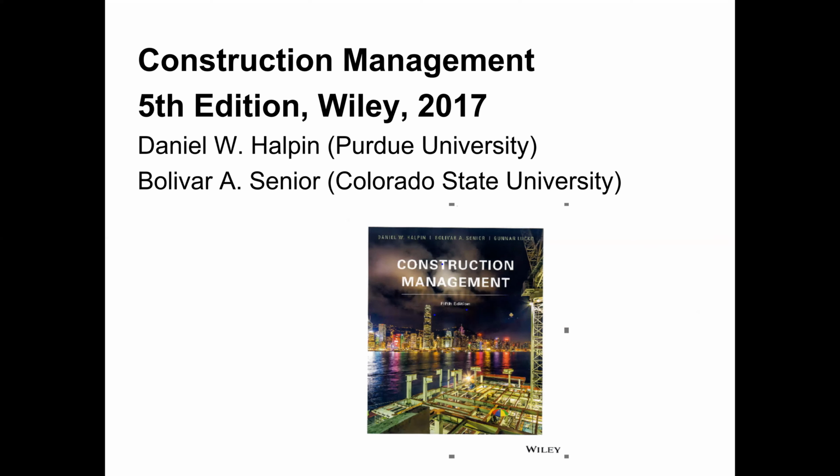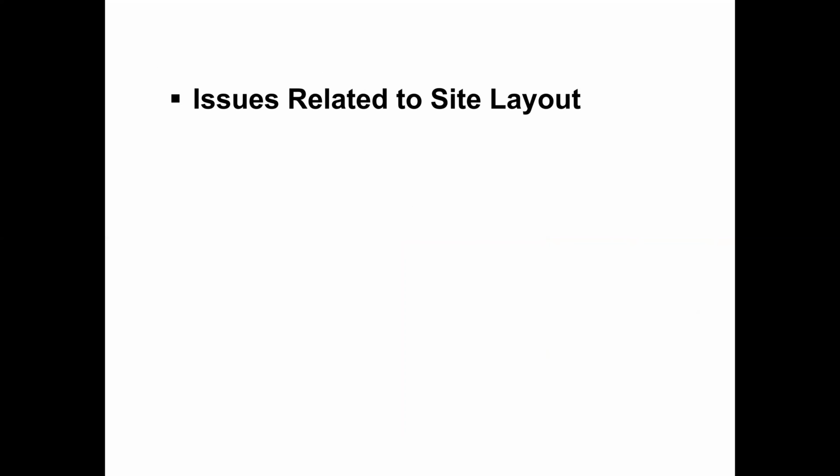Today we are going to discuss the third chapter, which is related to issues during the construction phase. The first heading in the book is issues related to the site layout.